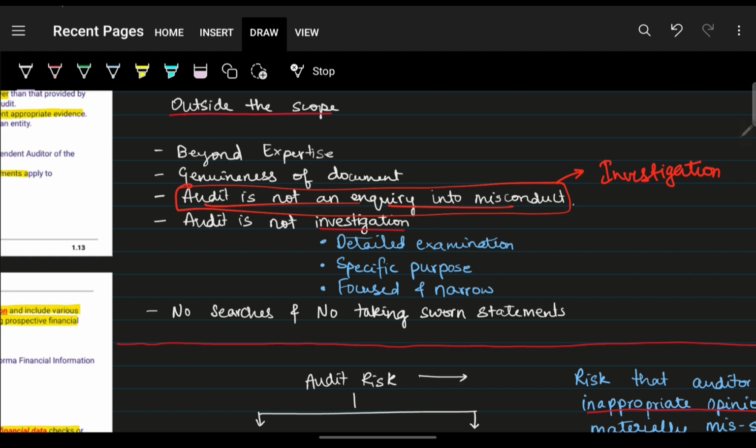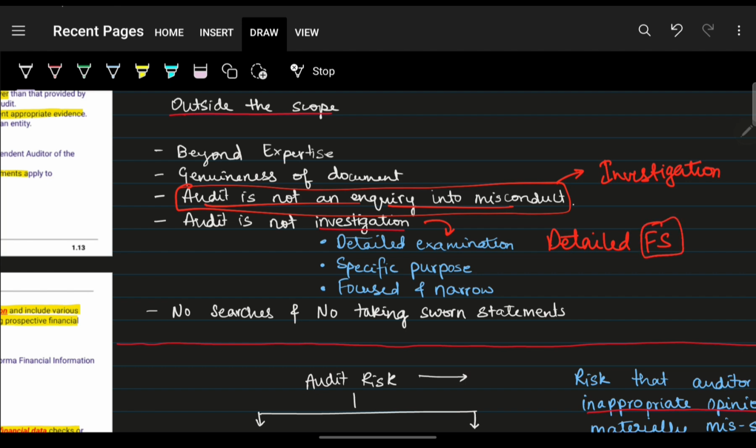Next, audit is not an investigation. Investigation is a detailed examination. Audit is a broad examination, or rather, it goes into detail only on financial statements. We do not touch any other topic. Only the financial statements' accuracy we check.